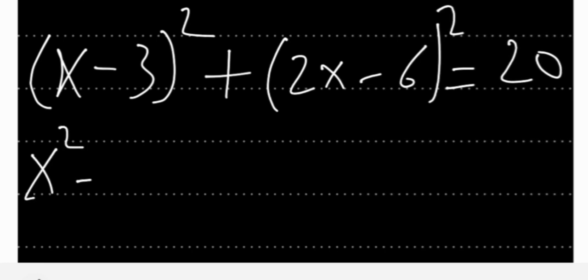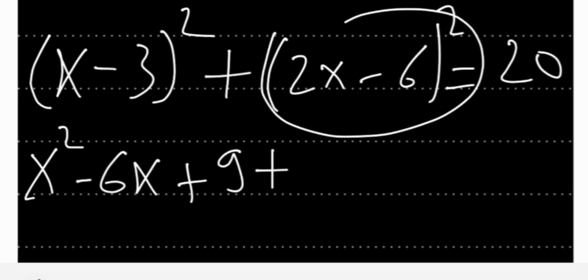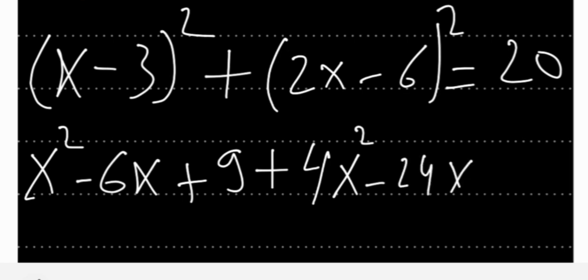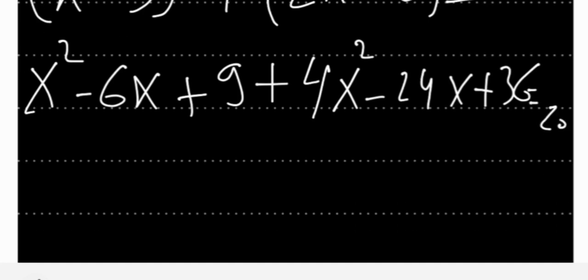So x² - 2 × 3 = 6x + 9, plus, now let's do this part over here, (2x)² is 4x², minus 2 × 2 = 4, multiplied by 6 is 24x, plus 36, is equal to 20.